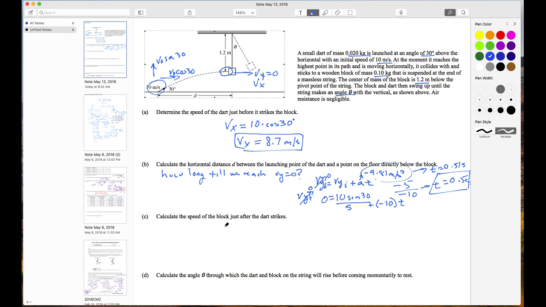Once we have the time, we can say that the distance d is equal to Vx times that time. The Vx value is 8.7 meters per second, and the time value is 0.5 seconds. So we get a distance of 4.35 meters, if I did my math correctly.